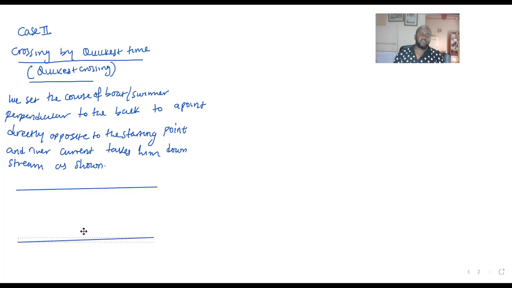So we shall set a course to a point directly opposite, but the current will take us downstream.